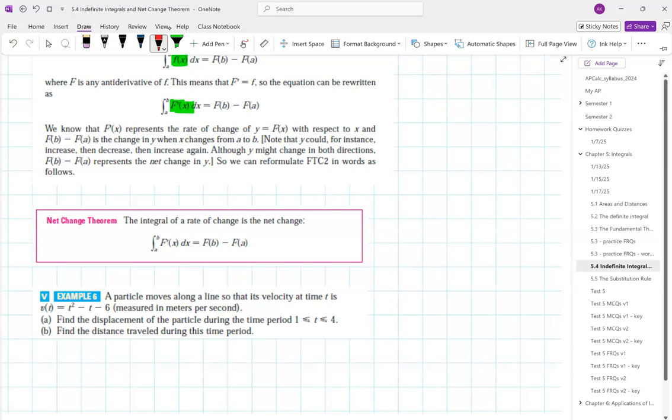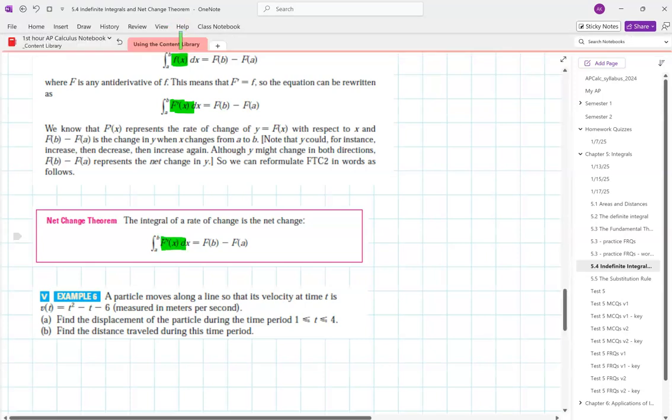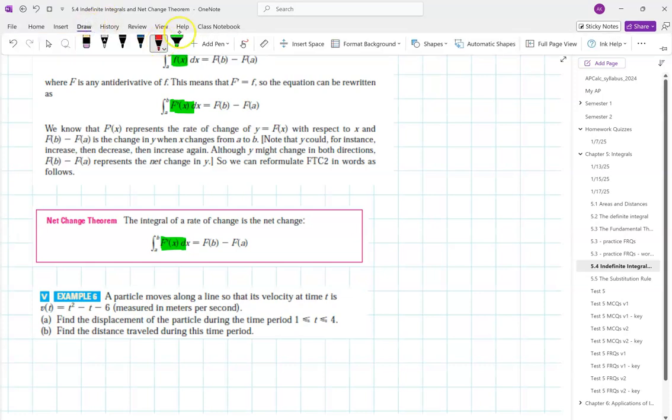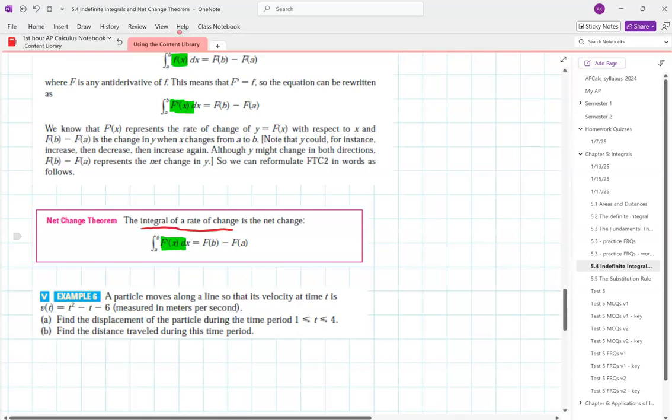So with making that small reformulation, this is essentially still just the fundamental theorem of calculus part 2. What this allows us to do is, if I take the integral of a rate of change, the result is the net change.